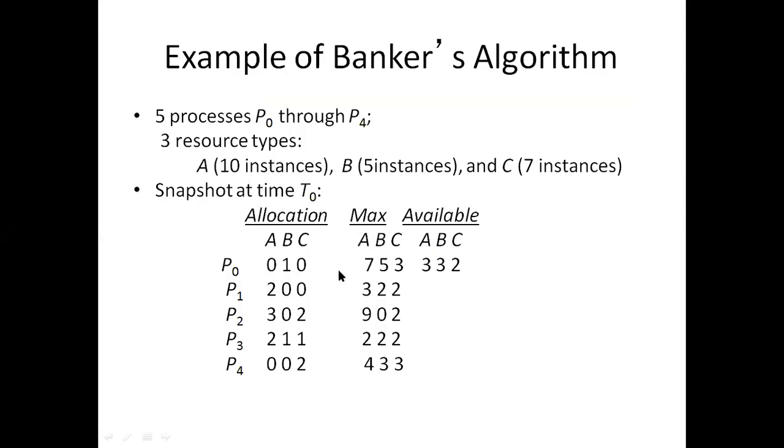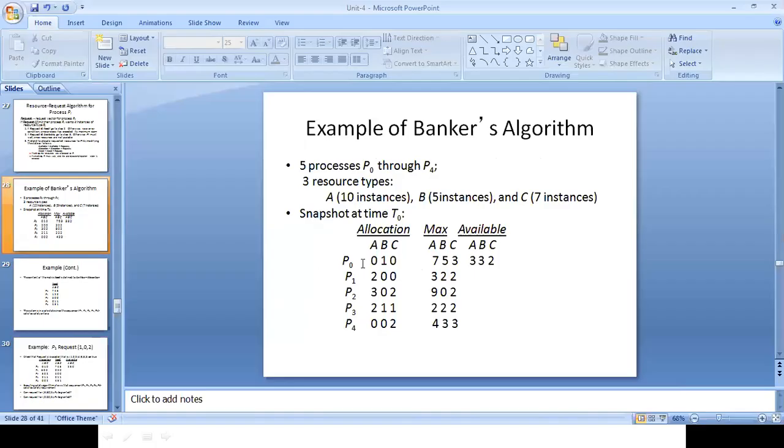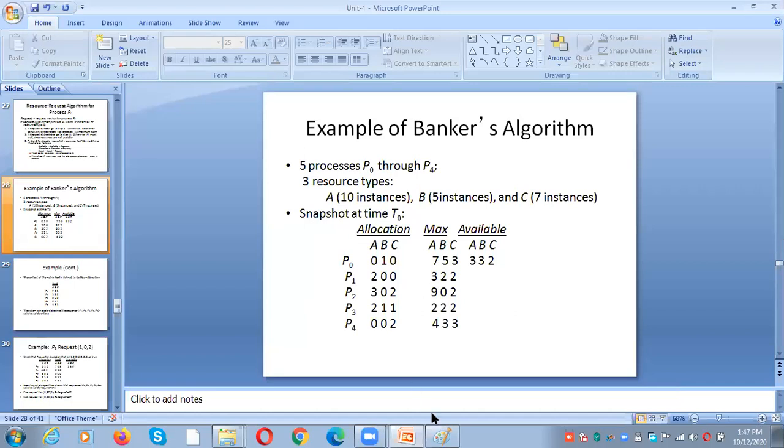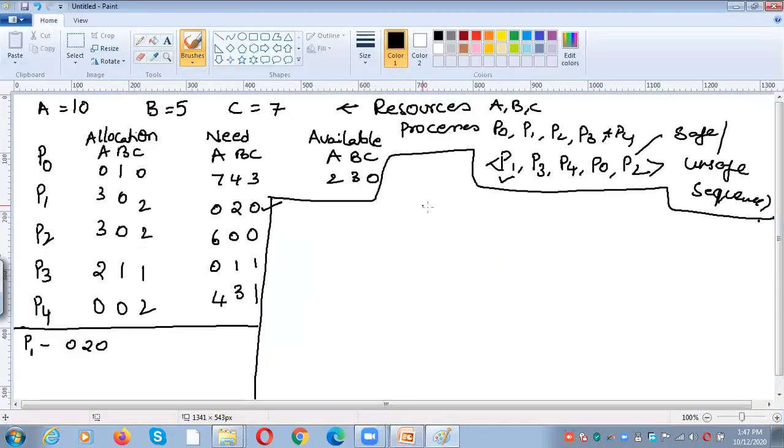For example, 7 5 3, meaning 7 of type A, 5 of type B and 3 of type C, are required by P0 at maximum. How many did you allocate? 0 1 0. So from 7 5 3 you subtract 0 1 0, then you will get 7 4 3.